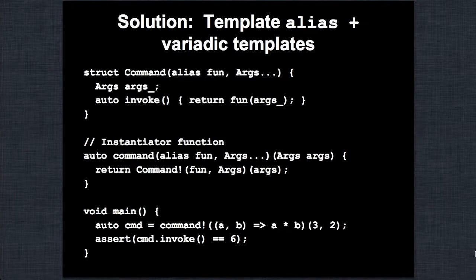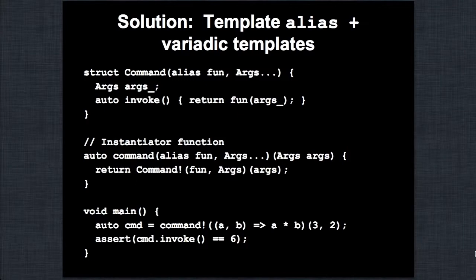Now, of course, we have an instantiator function for this because nobody wants to explicitly specify all the arguments when instantiating the command object. As a simple example here, we pass in a lambda function that just multiplies two numbers together as an alias. This is actually a template literal because we don't specify the types of A and B. So we're passing an uninstantiated template as an alias.